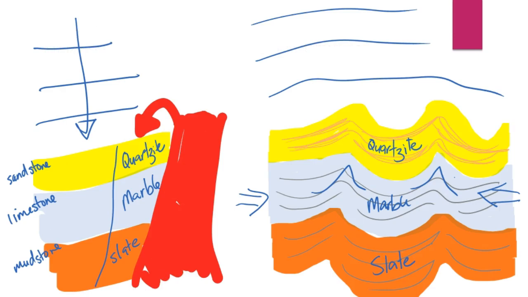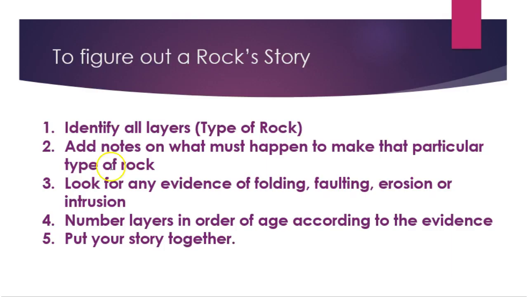So I want you to go back now and have a look at your rocks and your Rock Stories project. You have to follow the following steps in order to try and figure out what happened. Number 1, do what I do. Identify all the layers, the type of rock they are, and their individual names.